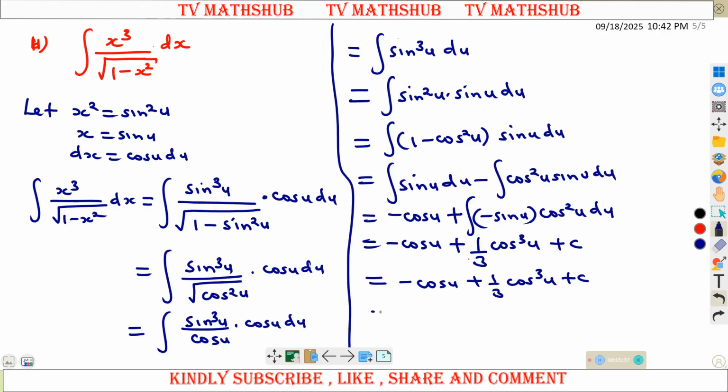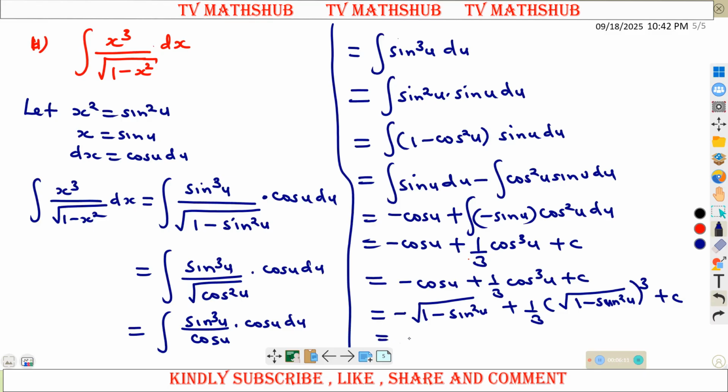However, we can go on and try to express cos u in terms of x again. We understand that cos u is the same as the square root of 1 minus sine squared of u. So it means this is the same as a third, cos of u is the square root of 1 minus sine squared of u, but this is to power 3, then plus c.